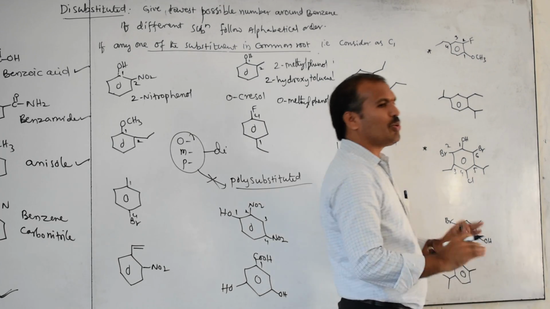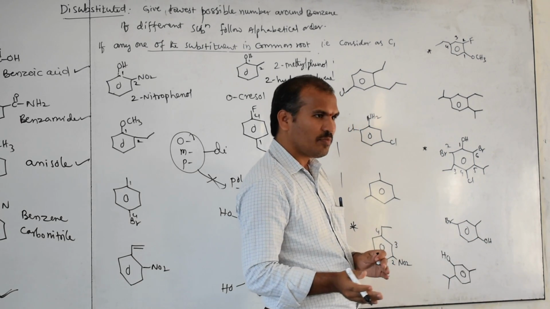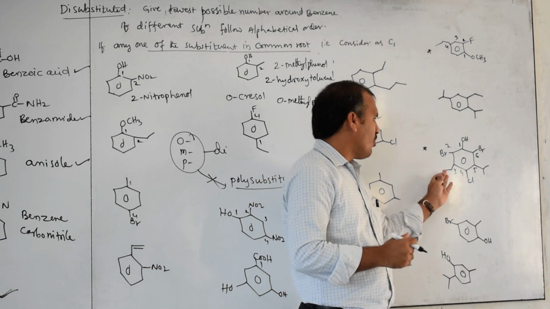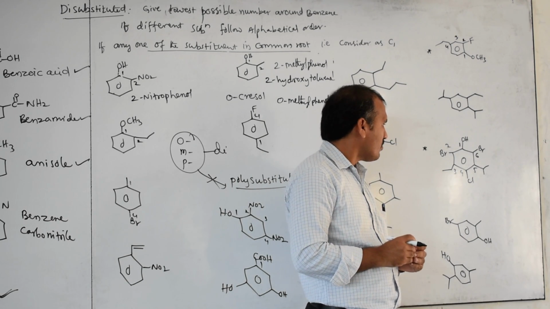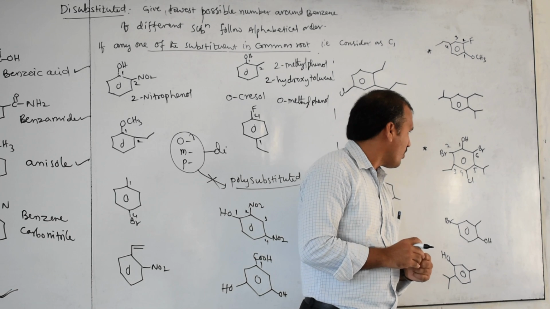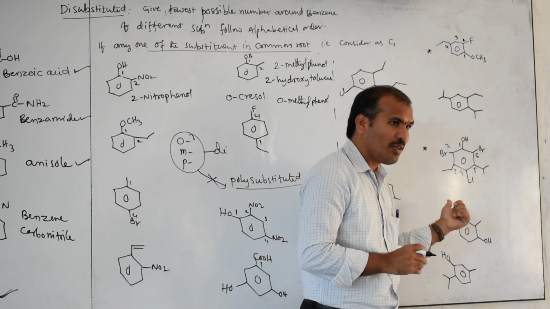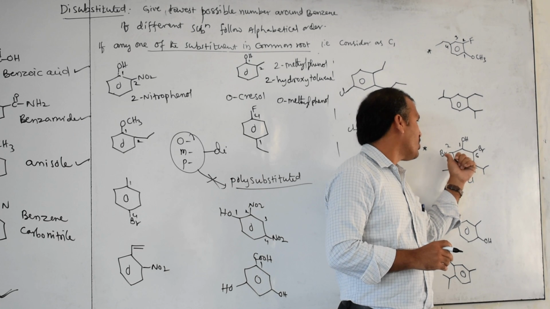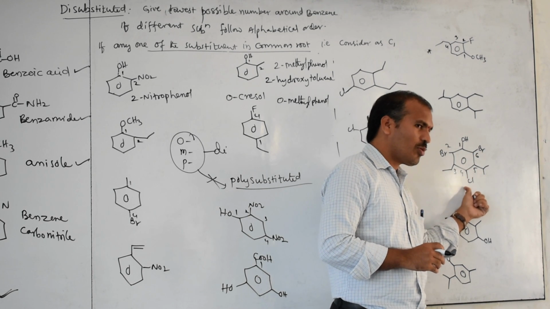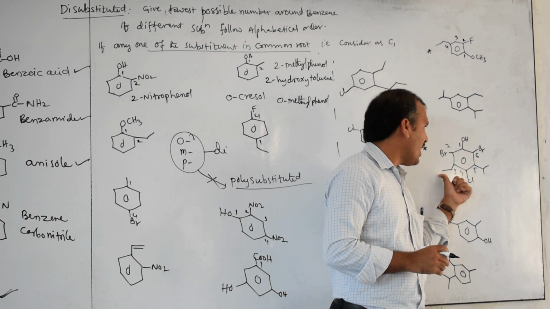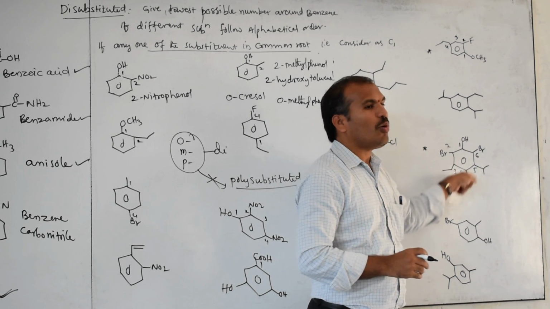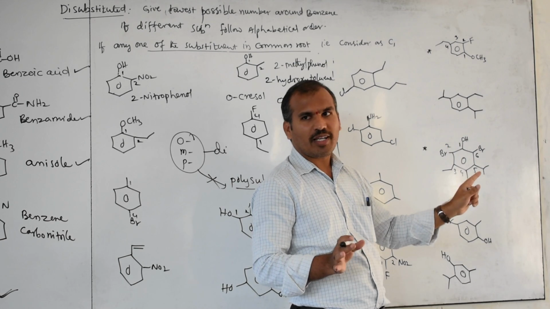Someone tell: 2,6-dibromo, because B comes first, then E. 2,6-dibromo, 3-ethyl, 5-iso. Sorry, fluoro also is there. So alphabetical order, ABC. Then 2,6-dibromo, 4-fluoro, 3-ethyl, 5-isopropyl phenol. Got the point here?